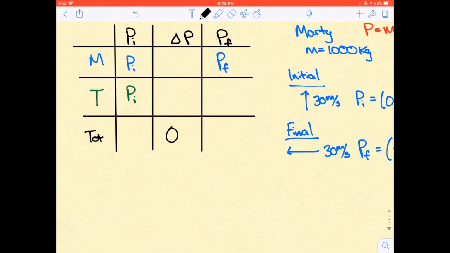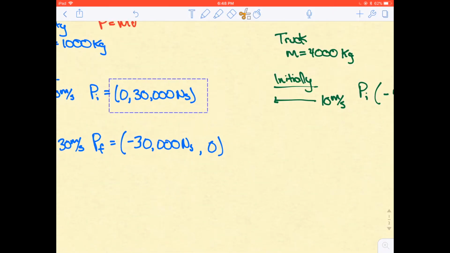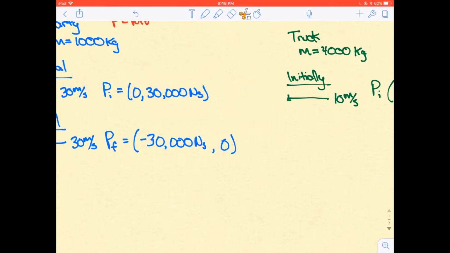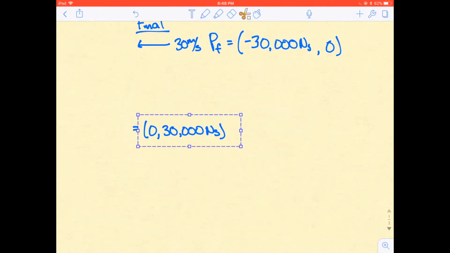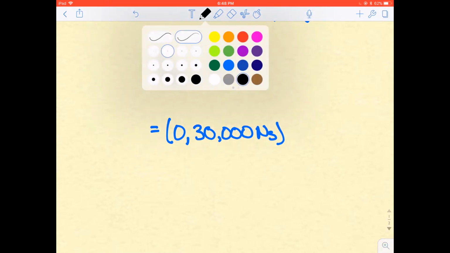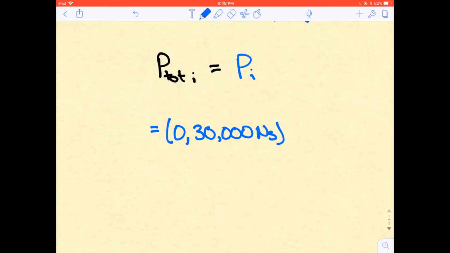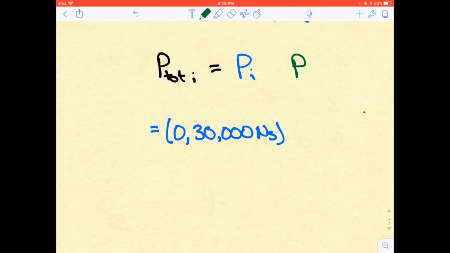There's also many ways to do this, but the first thing I'm going to do is find the total initial momentum. We are just adding up the initial momentums of the truck and Marty. P total of initial is equal to P initial of Marty and P initial of the truck.